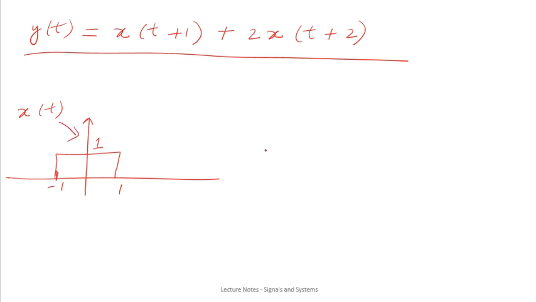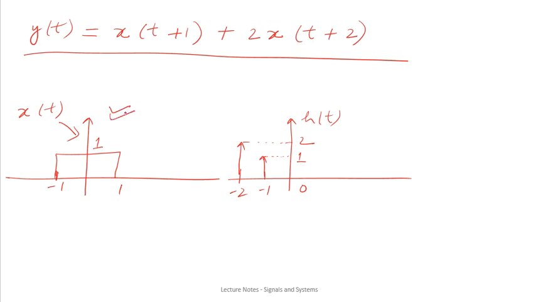Similarly h(t) is also given: there are two impulses located at -1 and -2, with amplitudes 1 and 2. Since the answer is x(t+1) plus twice of x(t+2), just by utilizing this x(t) waveform you can obtain the waveform of y(t), isn't it? You just have to perform some basic operations of shifting, and you can very easily get the output waveform.